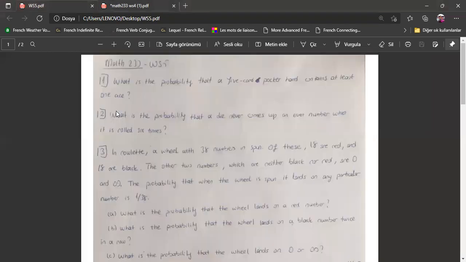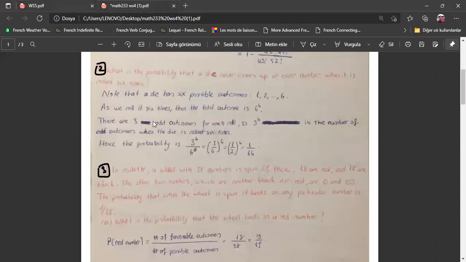Okay, the second question. Now we will compute the probability that a die never comes up an even number when it's rolled 6 times. When we roll a die, the possible outcomes are 1, 2, 3, up to 6.